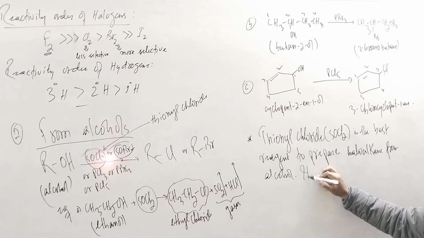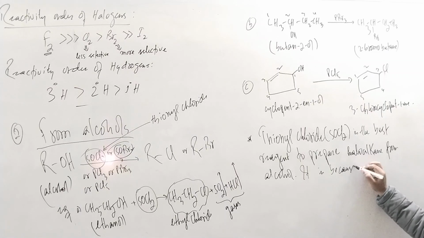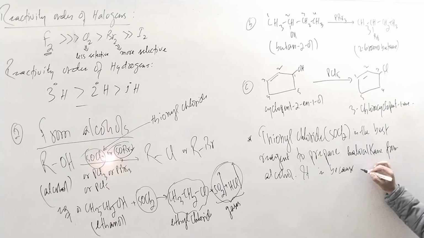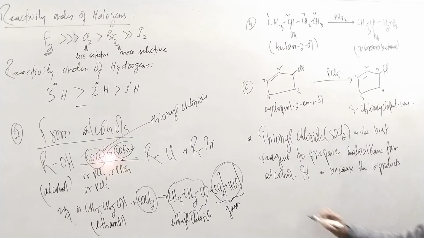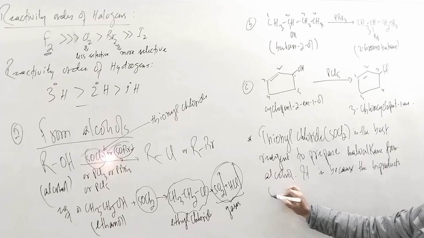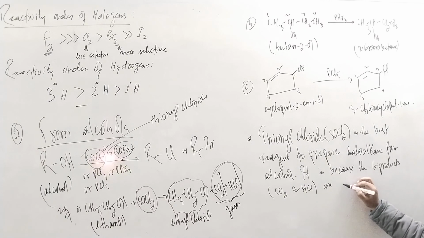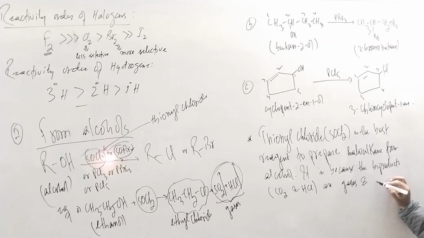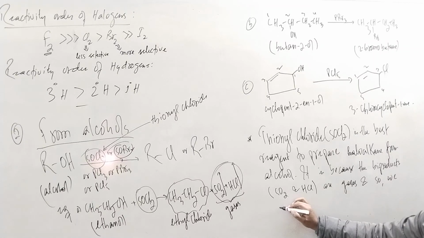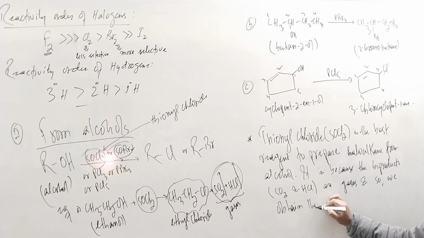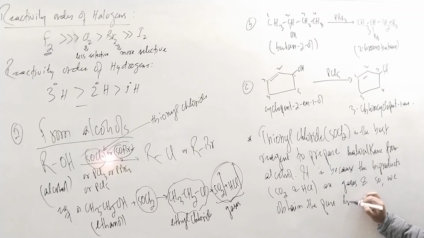It is because the byproducts obtained during this reaction, SO2 and HCl, are gases, and so we obtain the pure haloalkane.